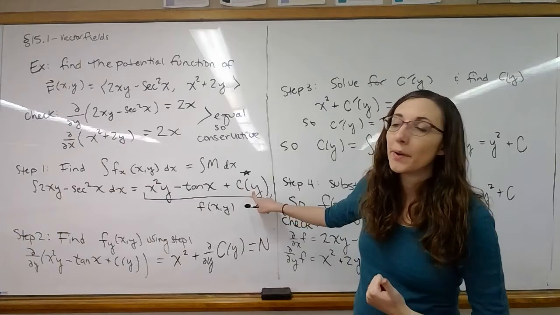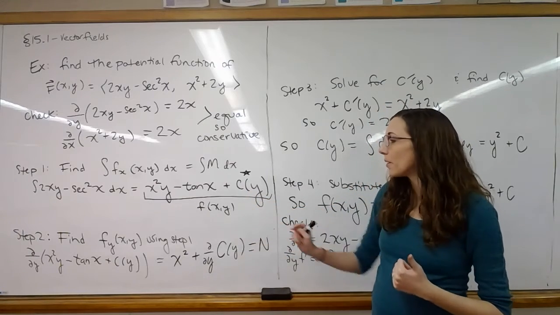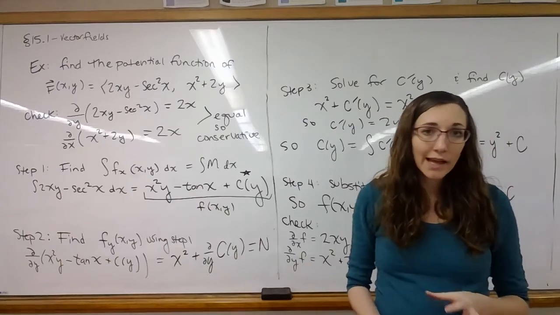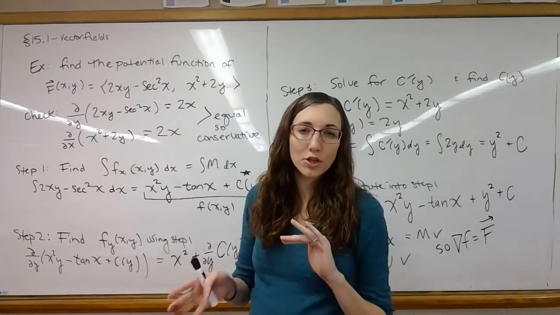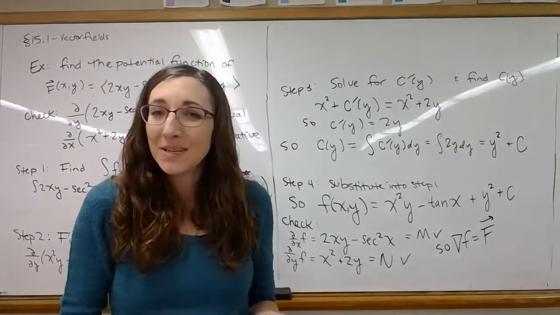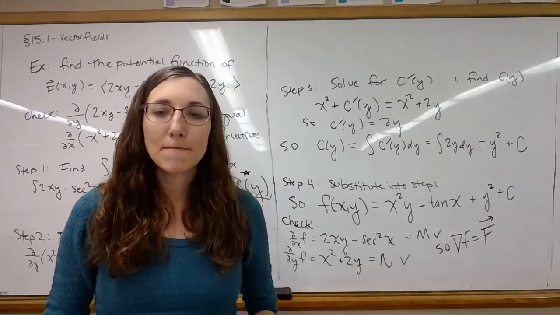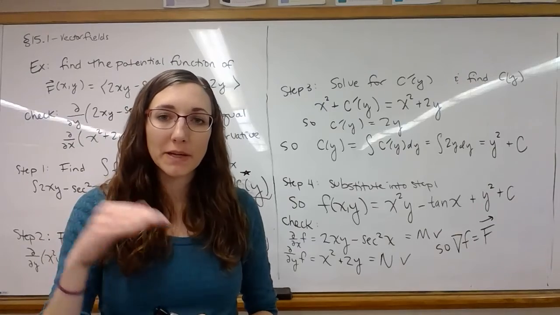Then we would be comparing that to the x component and looking for what that c of x looks like, and so on and so forth. So you could just flip-flop all of the roles if it seems easier for some reason. But it doesn't make a difference which way you do it. You just have to be consistent.